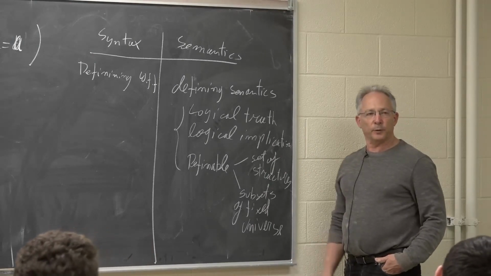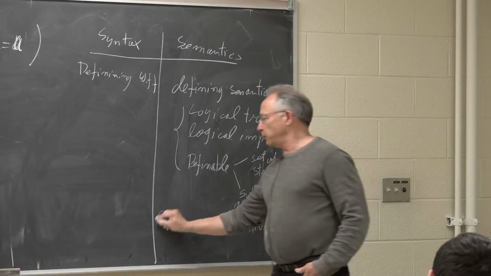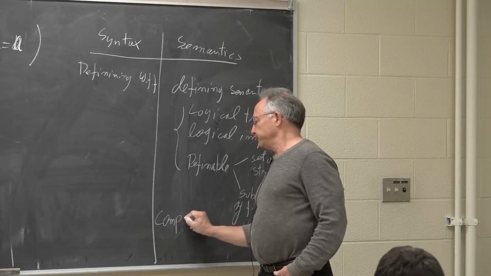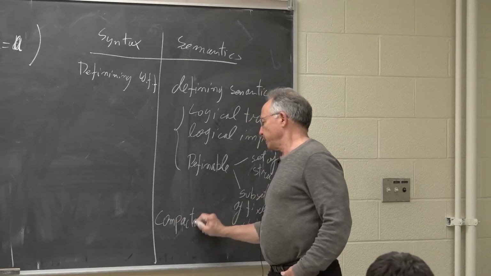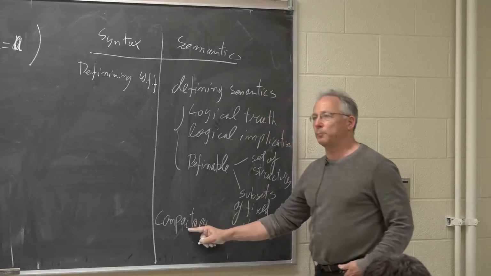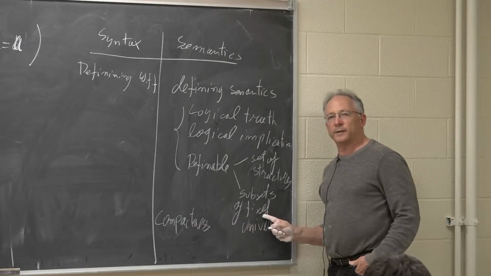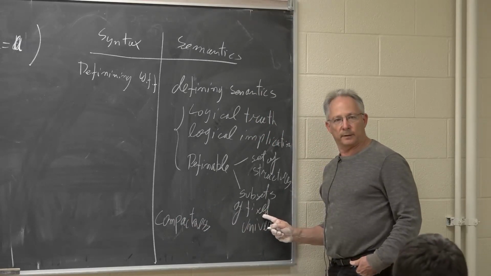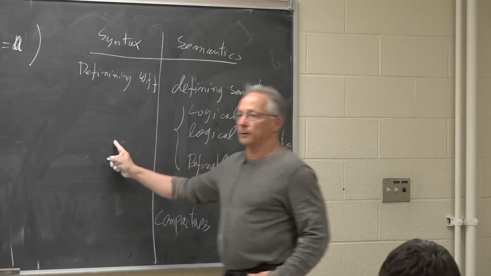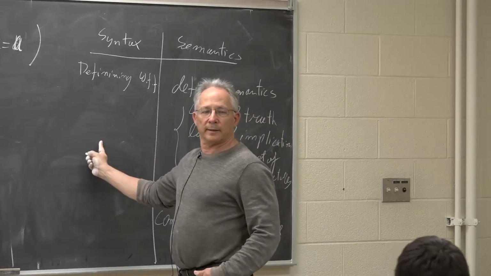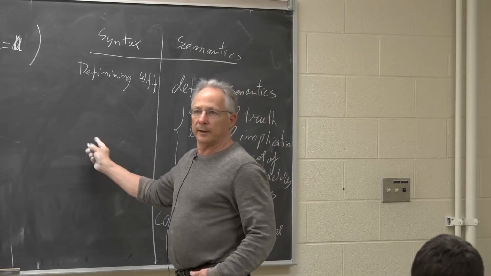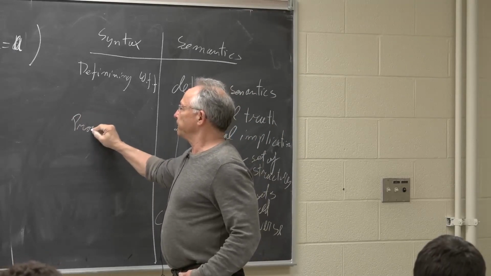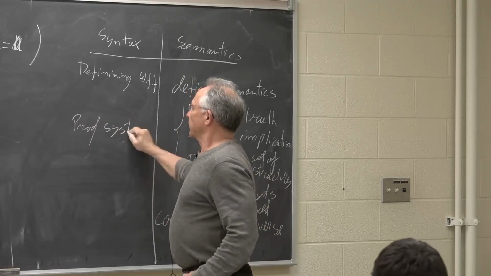Then the next step was we talked about the compactness theorem and showed that compactness can be used to show that some sets are not definable. And then we went back to the syntax, and what was the next step in the syntax? We defined the proof system, right?